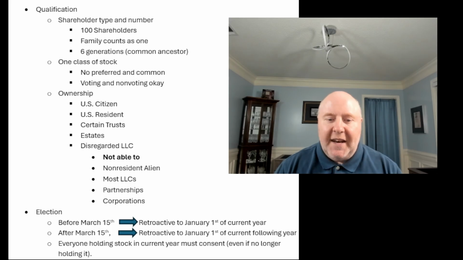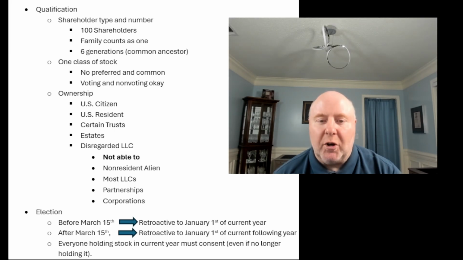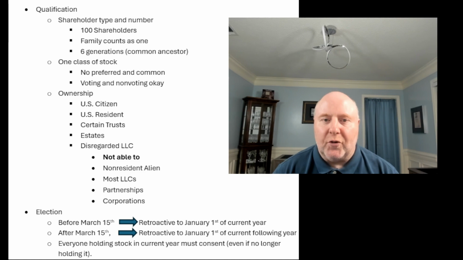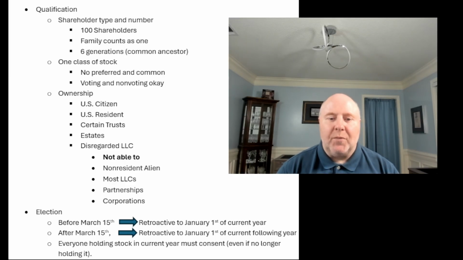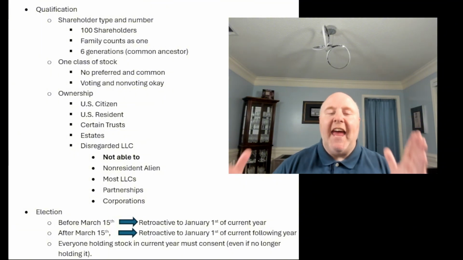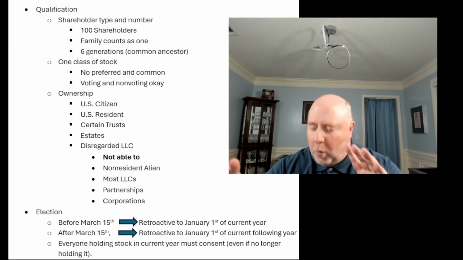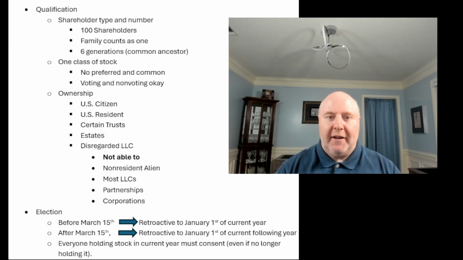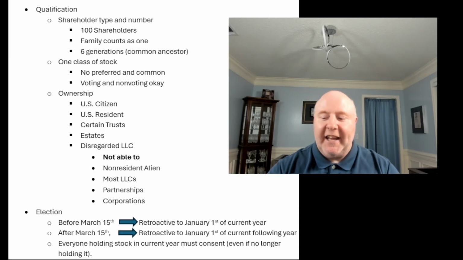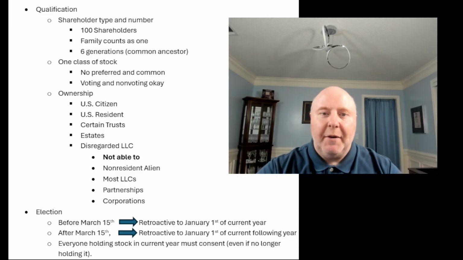Okay. Now, the next rule. What I'm going to do on this one is read through the rules, then we're going to work through a few problems, and then we'll go from there. So, first one is the election. When we're talking about the election, everybody who's owned any shares in the current year has to agree. 100%, every single person has to agree. What I'm saying is if they've owned shares at all during the year, not just if they own shares at the time of the election.